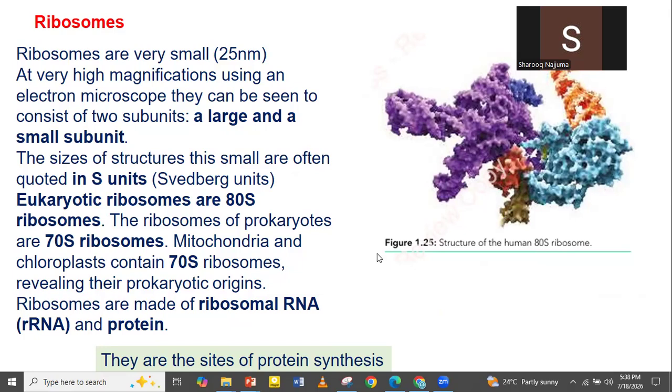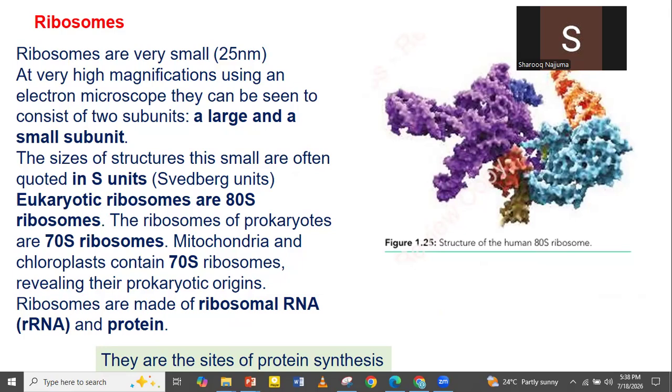Ribosomes are made up of ribosomal RNA and protein, and we even saw that these ribosomes are made by the nucleolus. These ribosomes are the regions where protein synthesis occurs. They manufacture proteins by joining amino acids together.